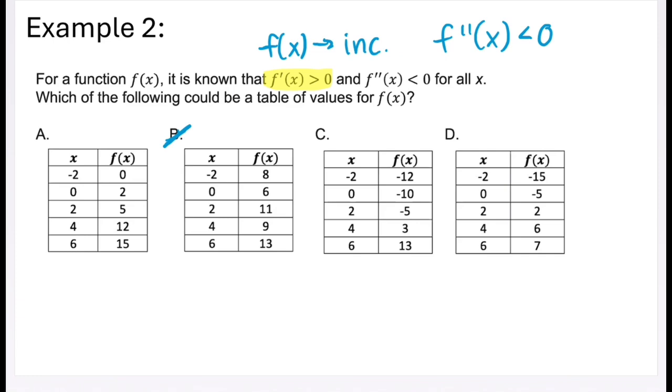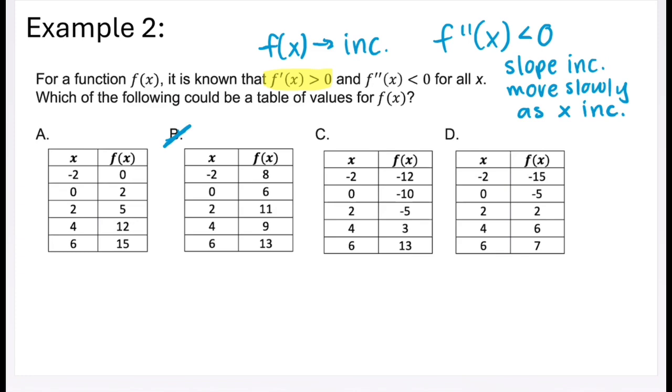So the slope increases more slowly as x increases. So let's look at the change. Essentially the change is slowing down. Still increasing, but it's increasing more slowly as you go up in the table.